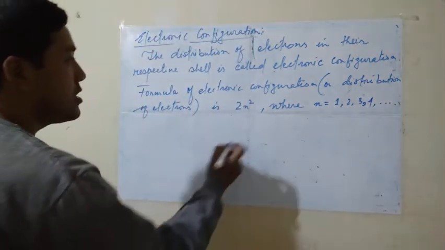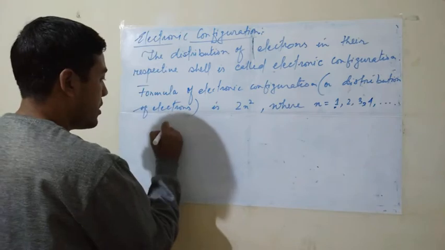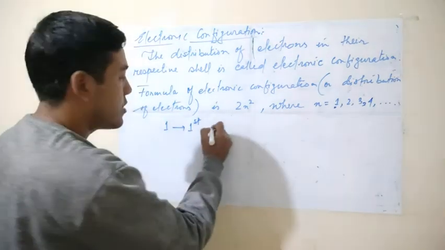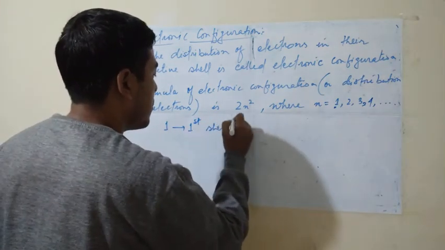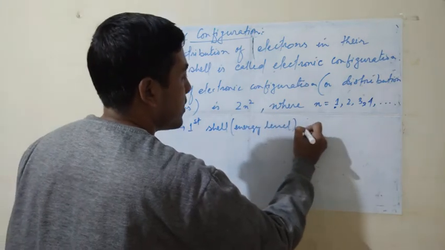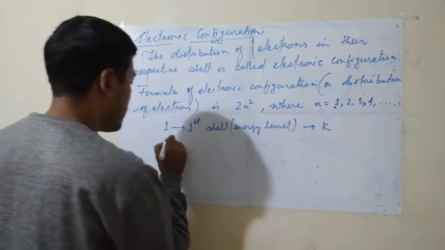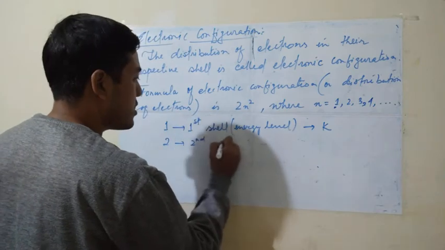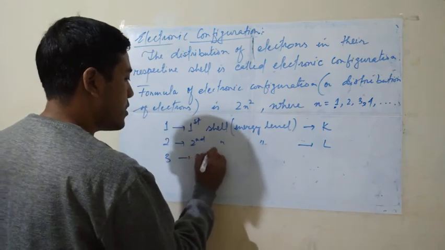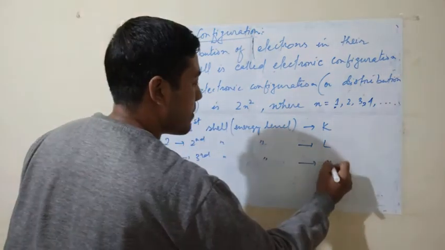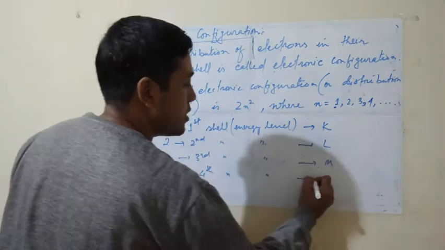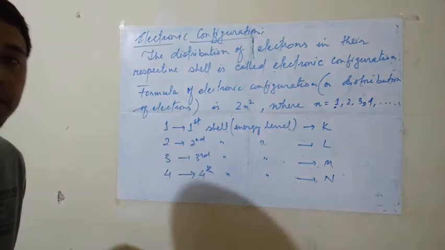This one is the first cell, or we also know it as the energy level, which we indicate by K. 2 is the second cell energy level, L. 3 is the third cell energy level, M. 4 is the fourth cell energy level, N. Okay? Let's copy down this one.